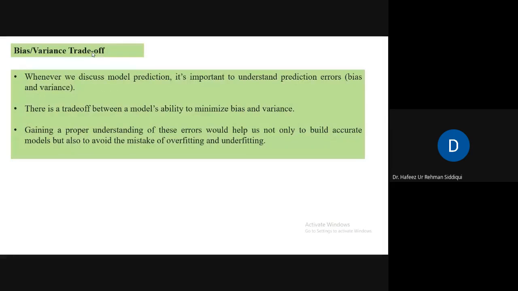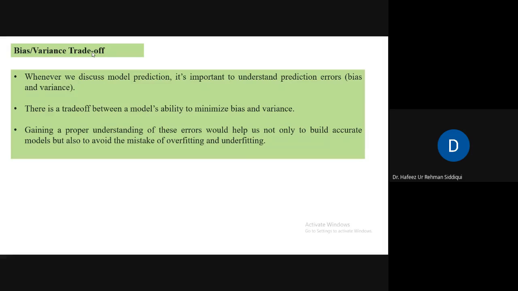Okay, so bias and variance trade-off. Whenever we discuss model applications, it's important to understand prediction errors. There is a trade-off between a model's ability to minimize bias and variance.